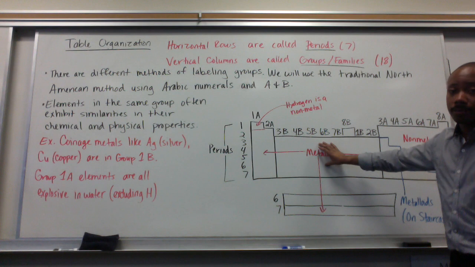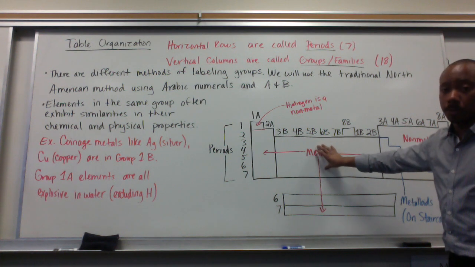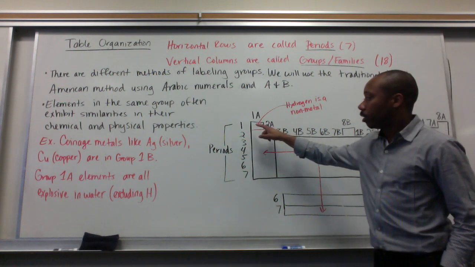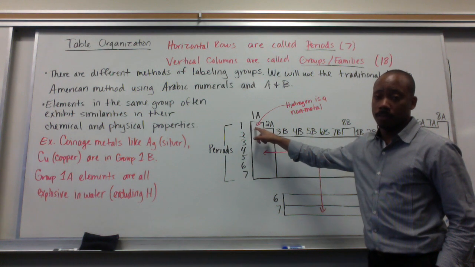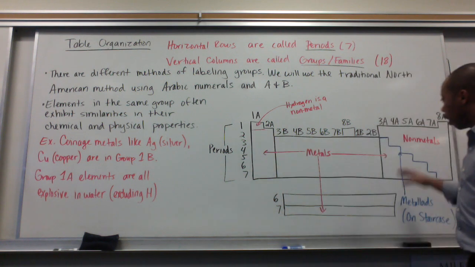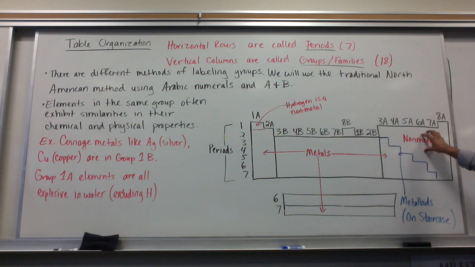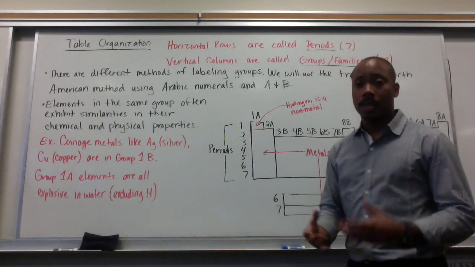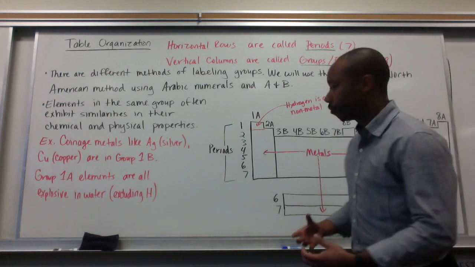The majority of the periodic table is made of metals. This one up here, however, is hydrogen, not a metal. Above the staircase, we have nonmetals. Elements that are touching the staircase, we call those metalloids or semi-metals, and they're on the staircase. They have properties of both metals and non-metals.